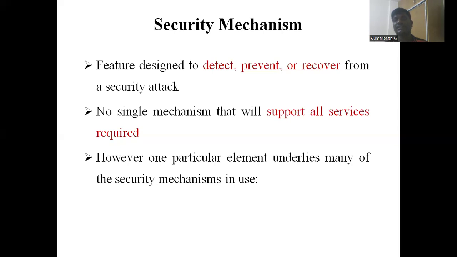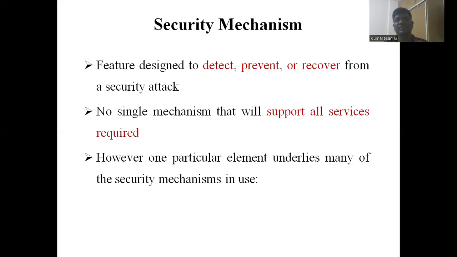Even if someone has already attacked, we have to recover our confidential information. This is the way we must design security systems. And there is no single mechanism that will support all services required. It is very difficult because we need to spend a huge amount of money, but in future there may be a possibility of achieving all of this.